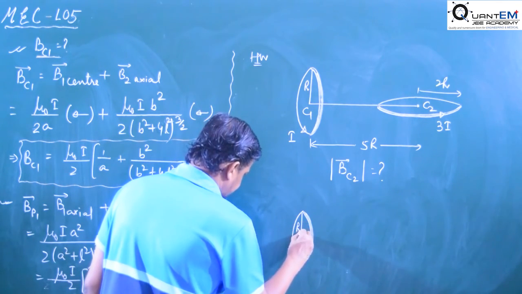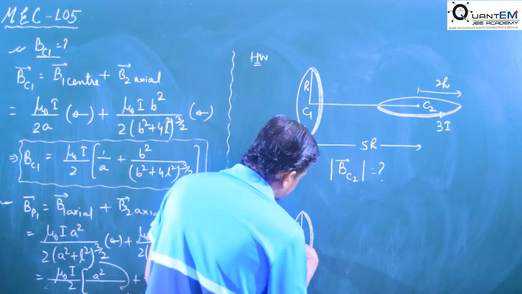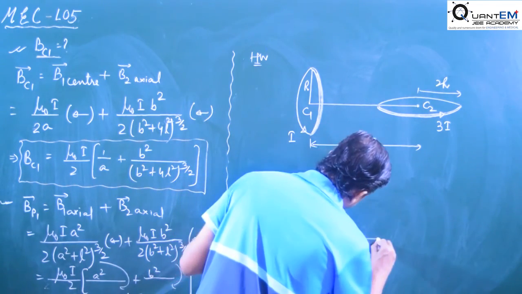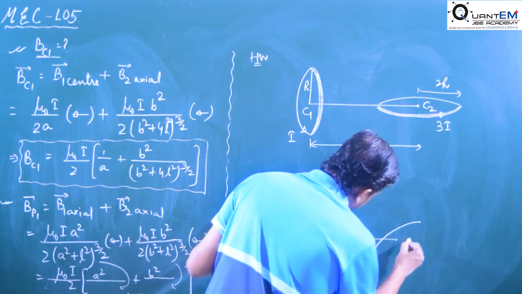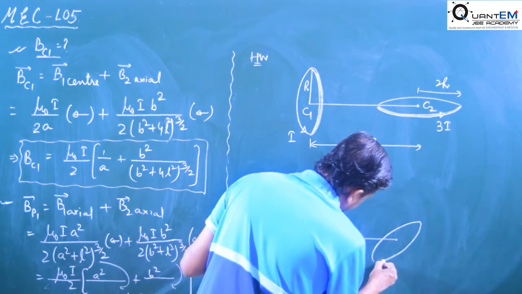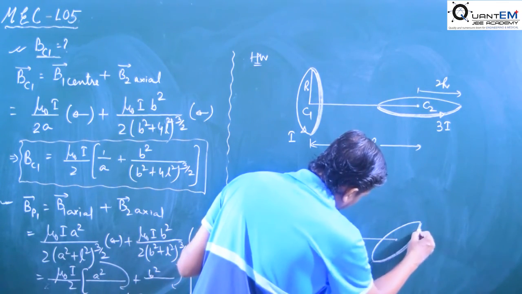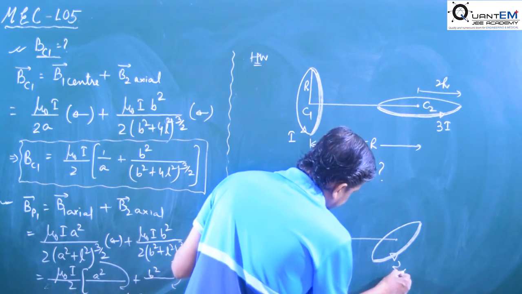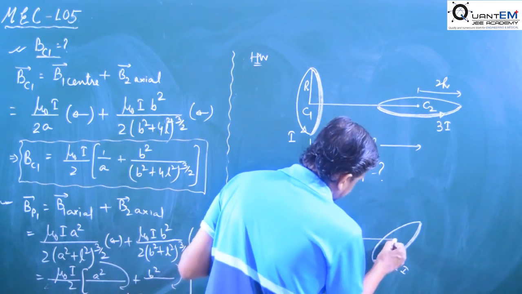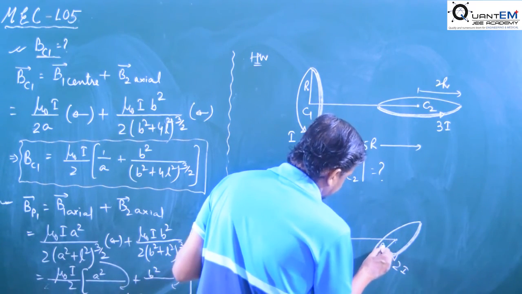This radius is r, current is 3I, center of the first ring. Thick line is for outside the plane of paper. Okay, here current is 2I, and this radius is also given as r.